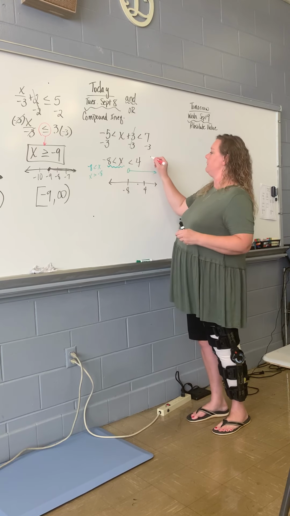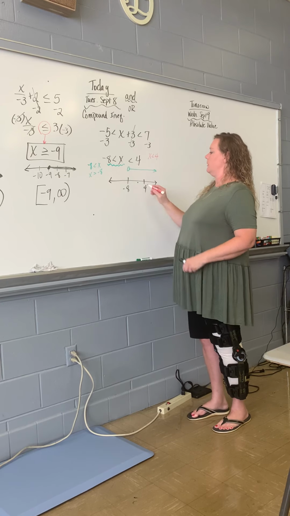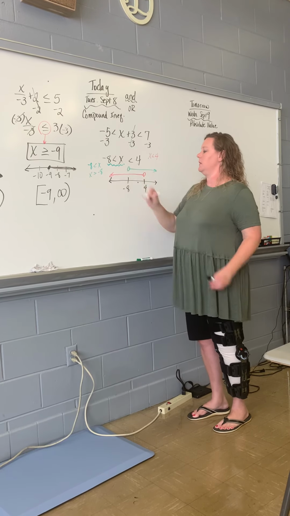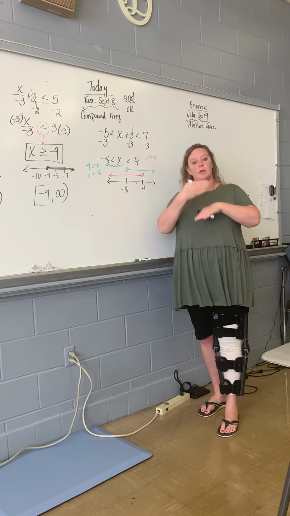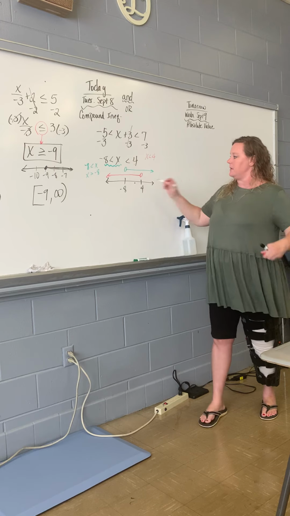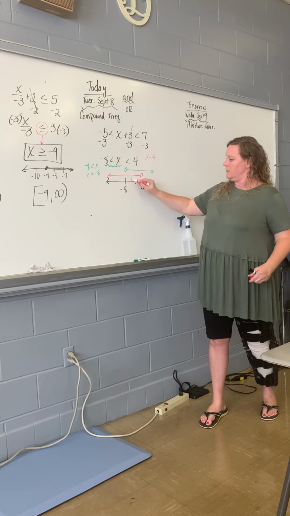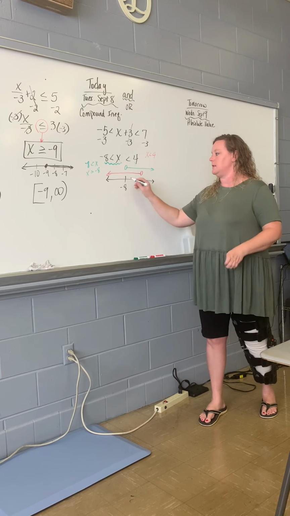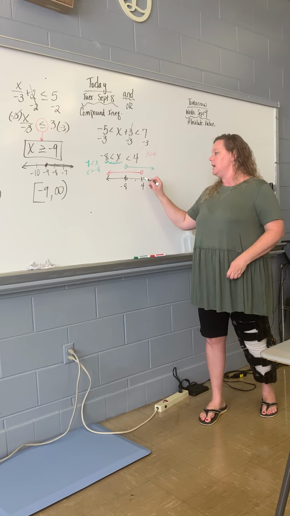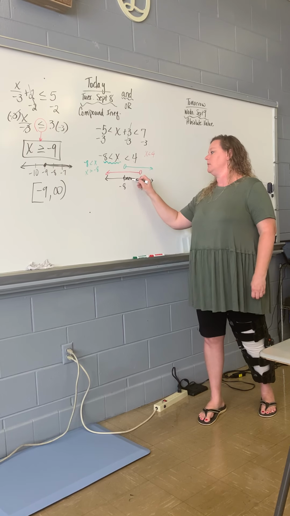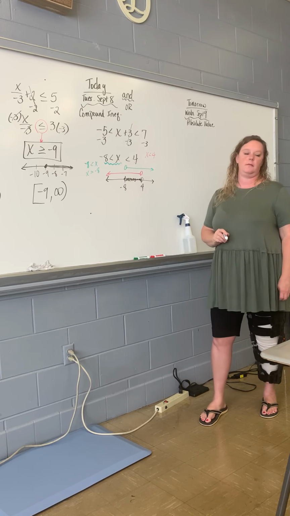X is less than 4 would start at 4 and go this direction. This is an and, so I'm looking for that overlap part. The overlap happens right here. My final answer for this one is an open circle at -8, an open circle at 4, and I'm shading the stuff in the middle.